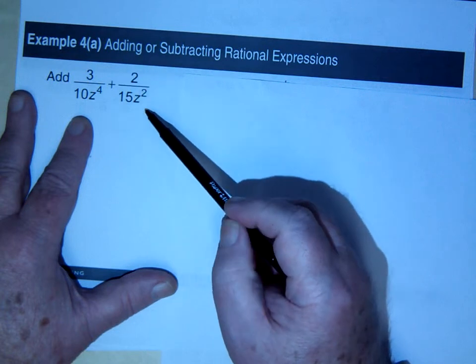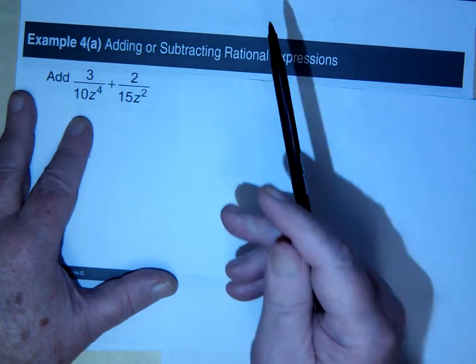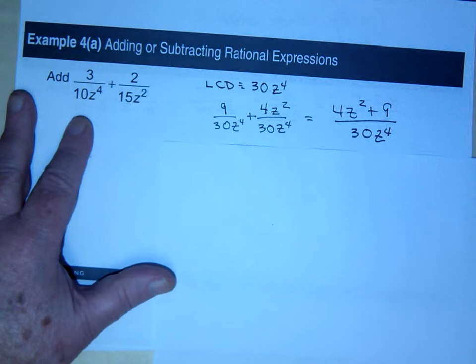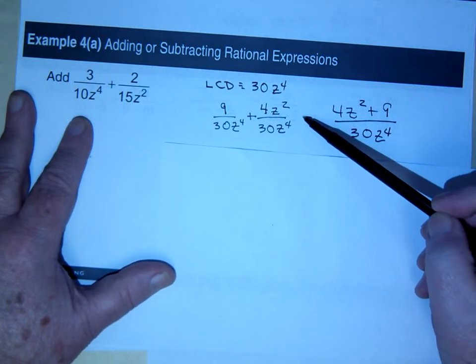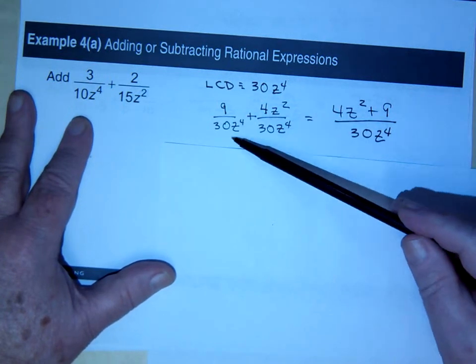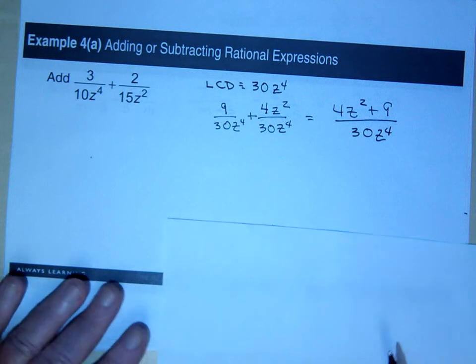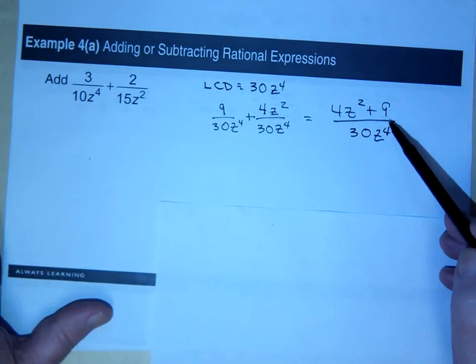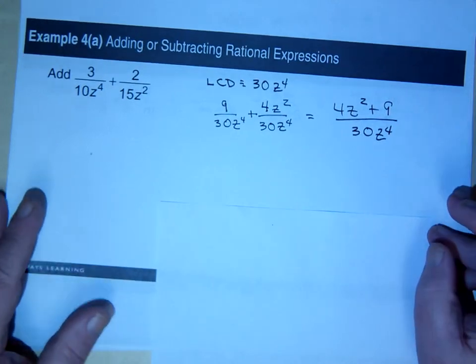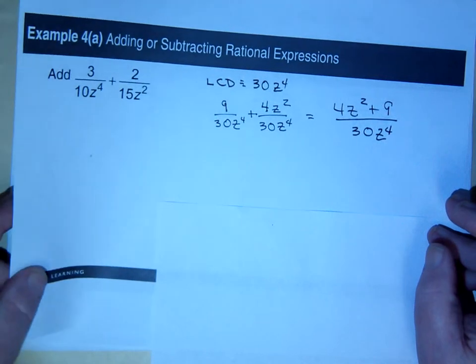Here I have to multiply top and bottom by 2z squared. So the least common denominator then is 30z to the 4th. I do the multiplications like I did. Now I have a common denominator, so I can add the numerators over the denominators, and that's the answer. 4z squared plus 9 all over 30z to the 4th.